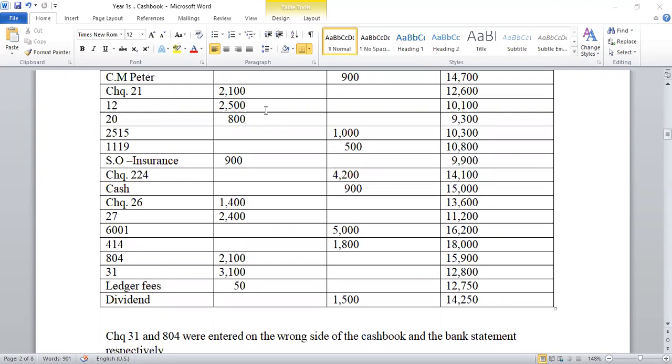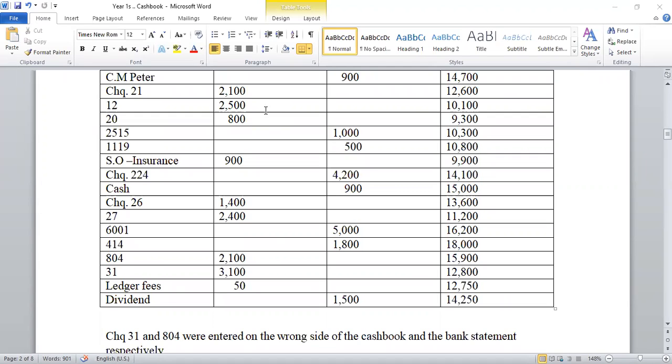So that's it, guys. The account is easy as long as you practice. Be familiar with these terms now that we're going to do online. I have a feeling that most of them may be asking you whether you understand what an unpresented check is. They may give you options there. They may say an unpresented check is a check. Option 1, it's a payment not yet reflected in the bank statement.